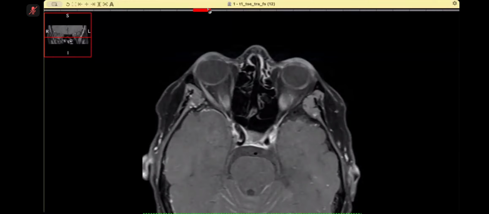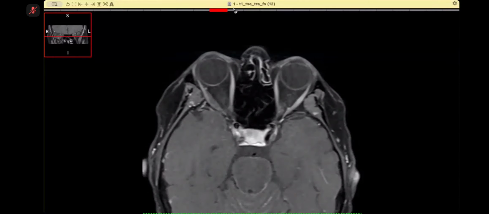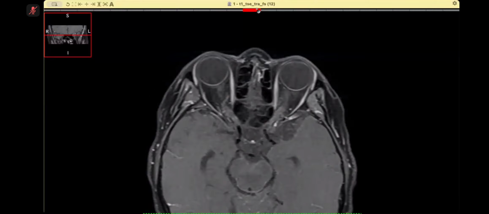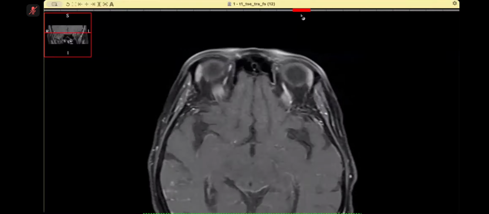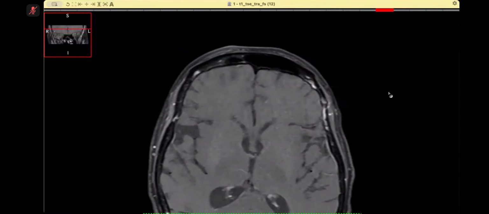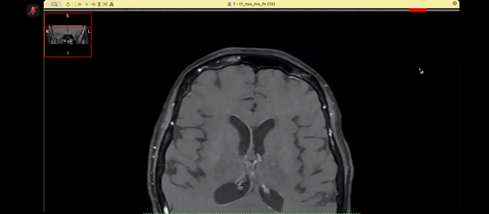Look at the brain parenchyma. Sorry, it's really jumping, unfortunately. Do you mind if you scroll for me? Yeah, I'm going to scroll.